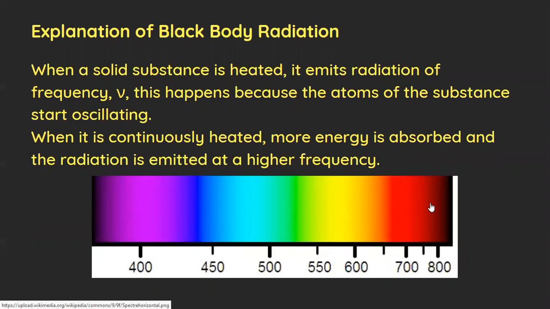Red has a lesser frequency compared to yellow. So first the emitted light is red, then it moves to yellow, then white and then blue. All of this is because as more energy is absorbed, radiation is emitted at a higher frequency. So this was the explanation of blackbody radiation.